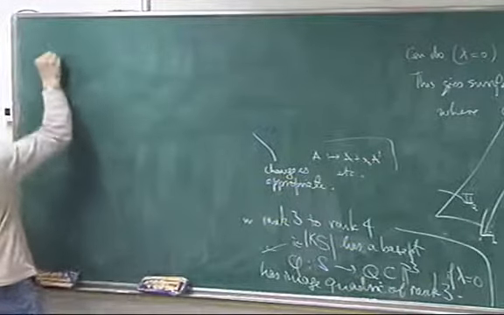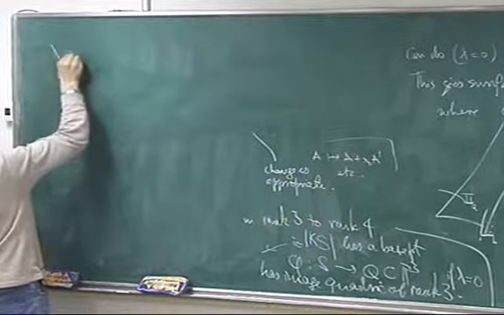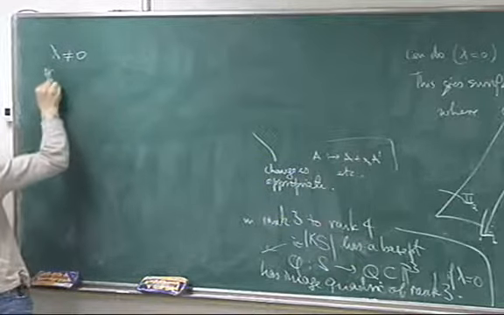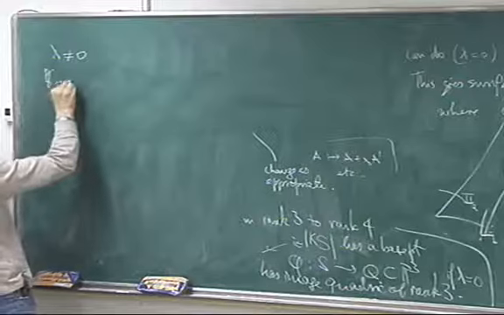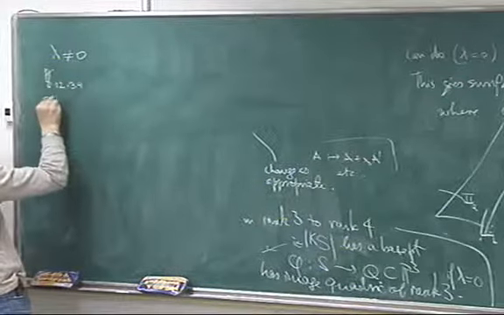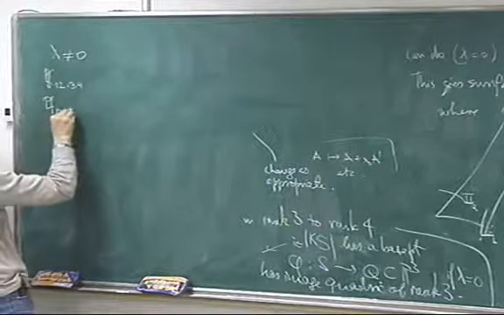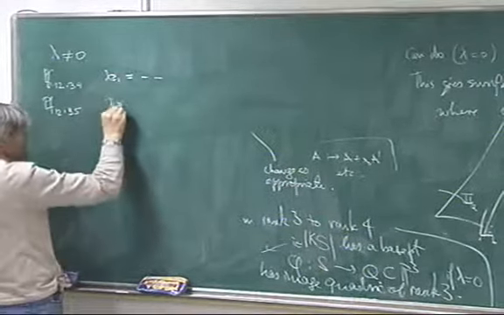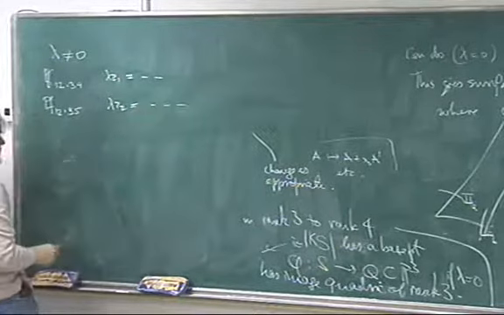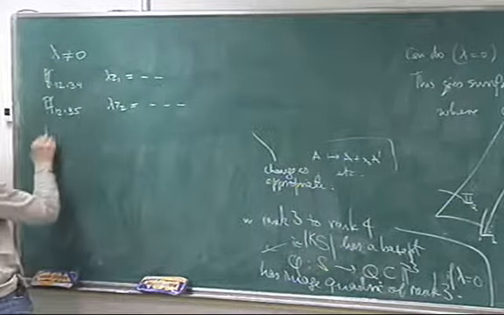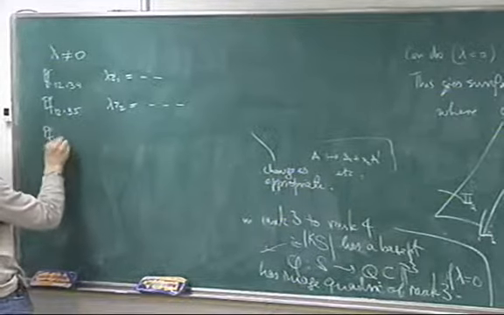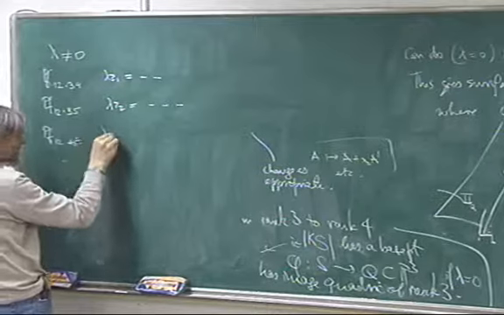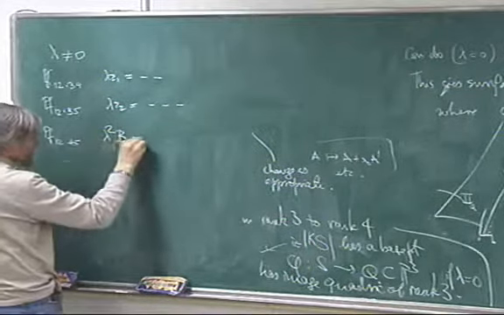So when I do lambda not equal to 0, right, then the Pfaffian 1, 2, 3, 4, Pfaffian 1, 2, 3, 5 is lambda z1 equals something. Right? And the Pfaffian 1, 2, 4, 5 is lambda times lambda squared B equals something.